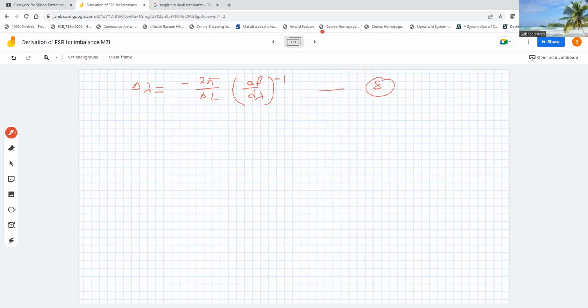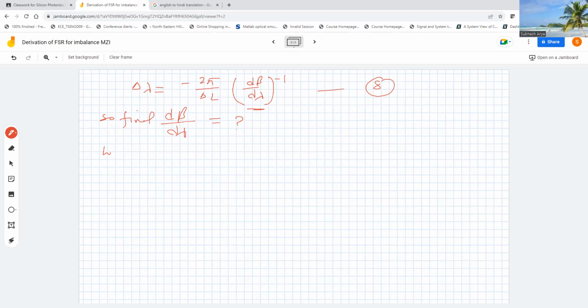Now we find the expression for d beta by d lambda. So how to find it?